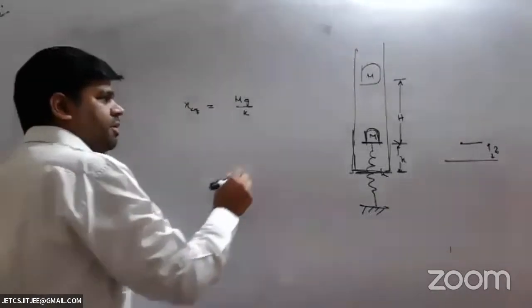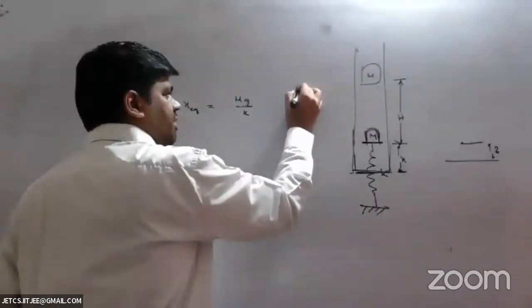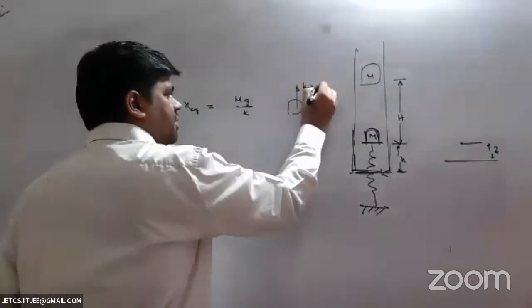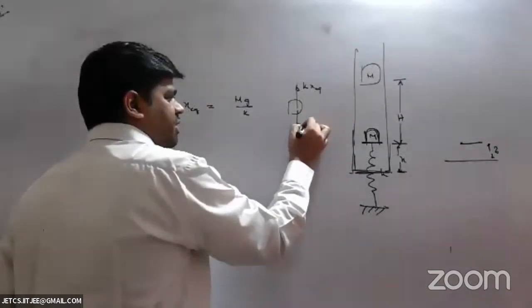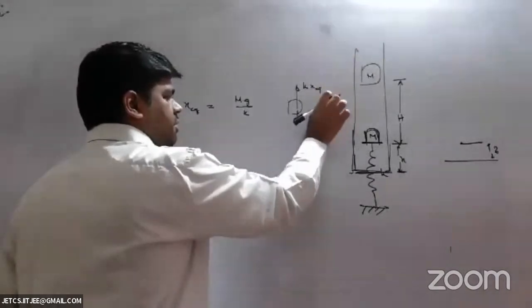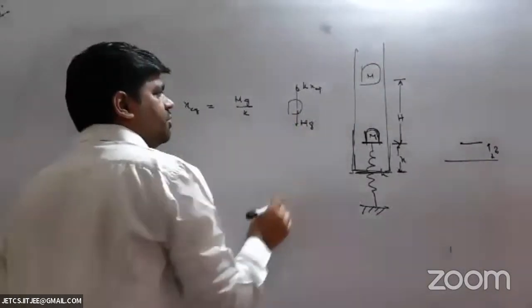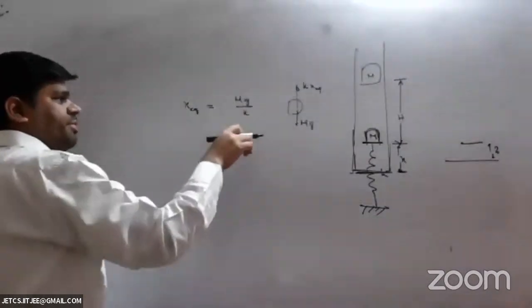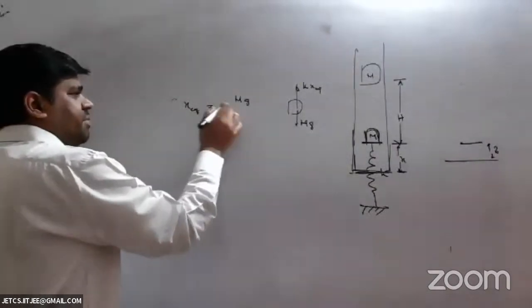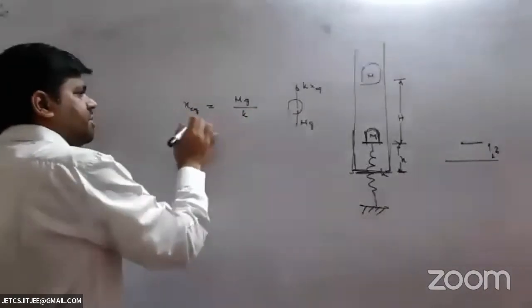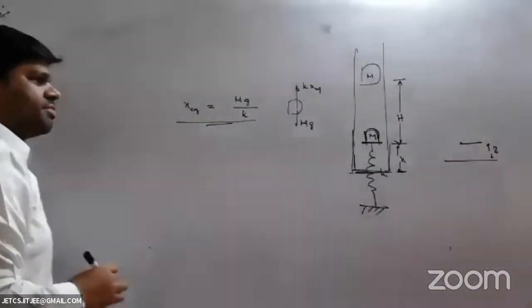Force kx is upwards, and force mg is downwards. The gravitational force is counterbalanced by this at equilibrium, so kx equilibrium is equal to mg, so x equilibrium is mg by k.